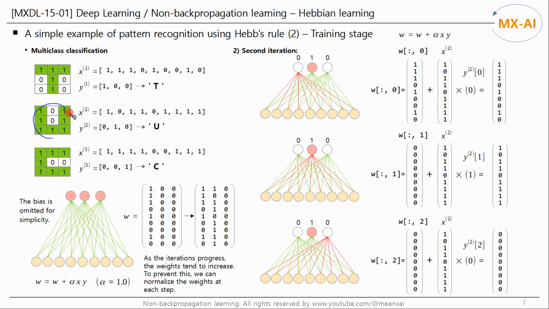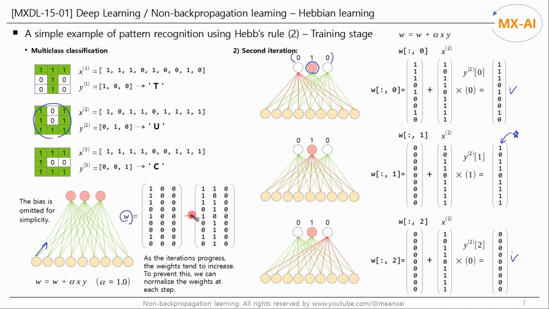Next, we feed the second pattern into the network, updating the weights in the same way as on the previous page. Since the y values in this pattern are 0, 1, 0, only the second neuron in the output layer should be activated. Therefore, only the second column vector of the weight matrix is updated, and the rest retain their existing values.